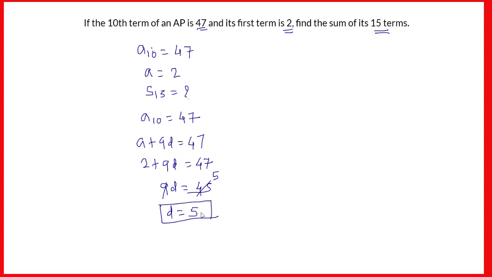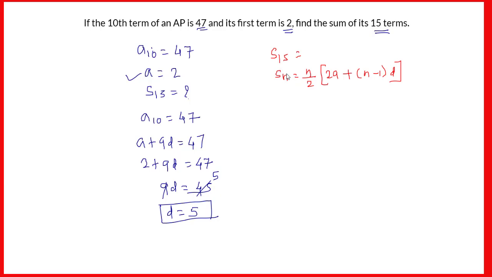D is the common difference, so we have got the common difference as 5, and the first term is given as 2. Now we will solve this further. We have to find the sum of the 15 terms. To find it, we use the formula for the sum of the n terms, that is n by 2 into bracket 2a plus n minus 1 into d.